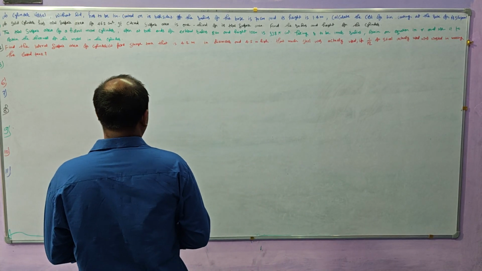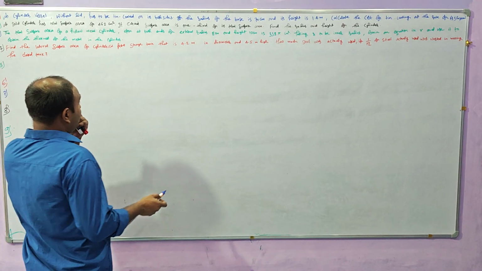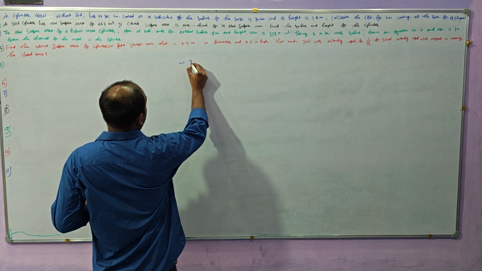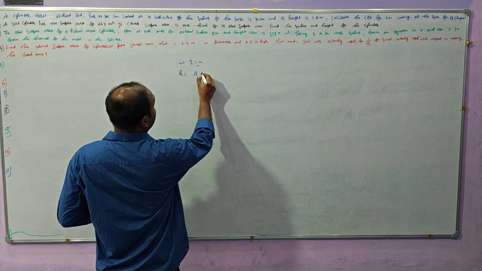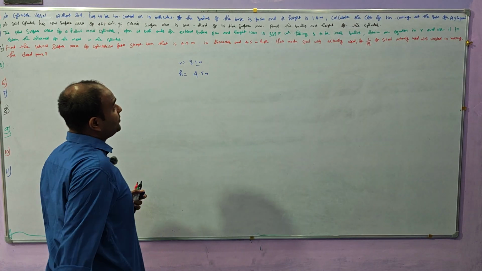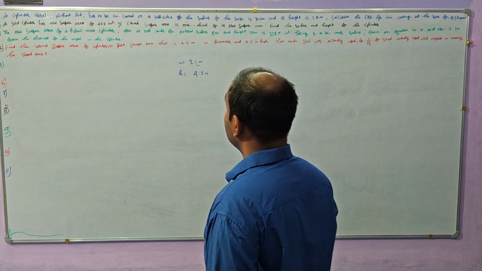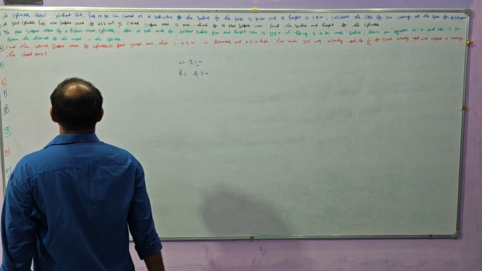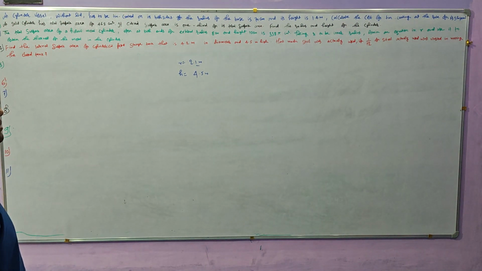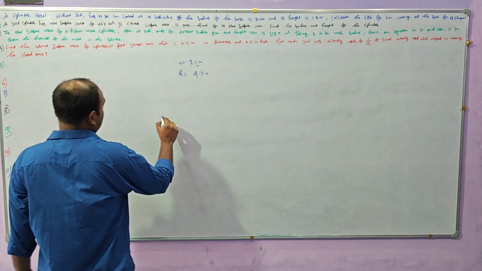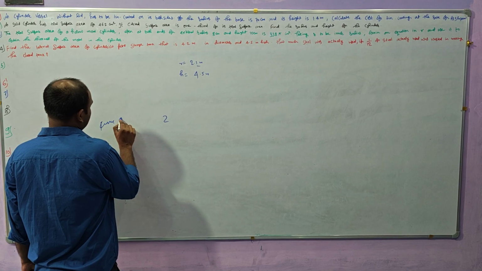We have a diameter 4.2 meter. That means we have a radius of 2.1 meter and the height 4.5 meter. And we need to find the lateral surface area. Lateral means curved surface area.